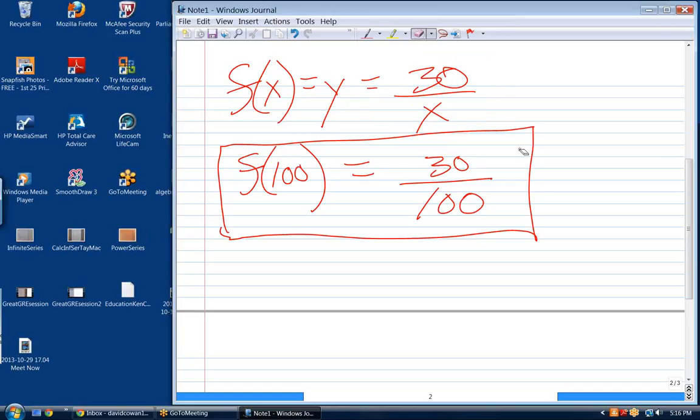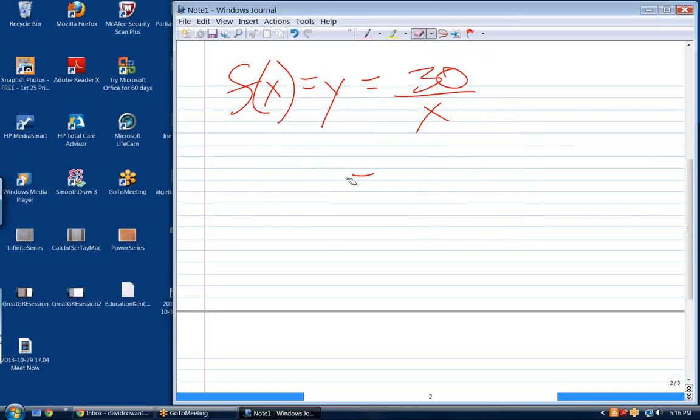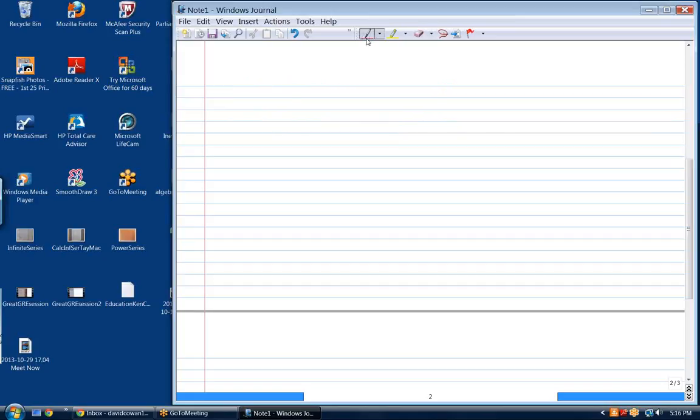But notice in this last example, as x went up, y went down. Because it was an inverse relationship, they move in opposite directions. An example of a direct relationship would probably be people's height and people's weight.